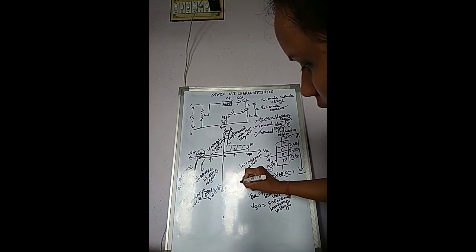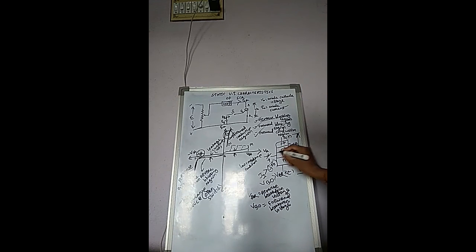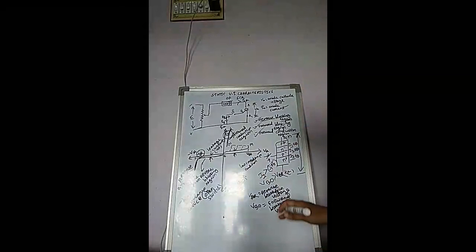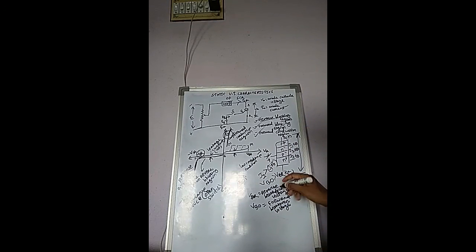What I want to tell you is that when this junction is reverse biased and its thickness is greater, the voltage required to reduce this thickness is obviously greater. So during the conduction or forward biasing mode, the voltage required to break down this depletion layer, to minimize its thickness, is greater as compared to the voltage in the reverse direction.